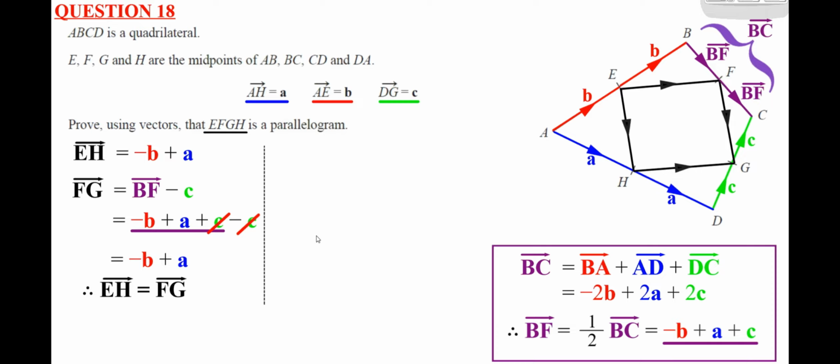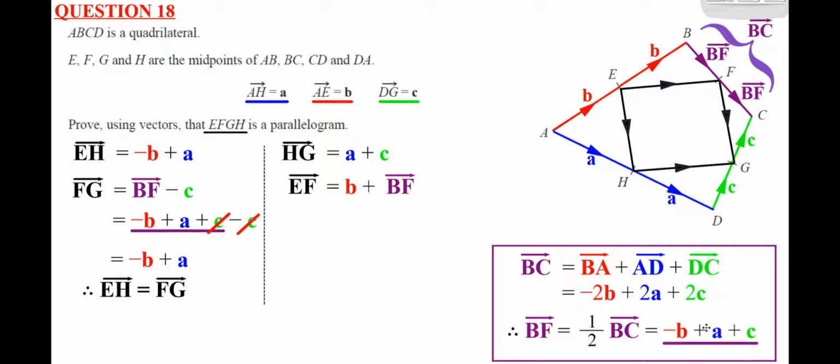So now let's think firstly about HG. From H to G is vector A plus vector C. If we see here, we can go from H to G by going first from H to D, which is A, then up to G, which is along vector C. So I go A and C. Now let's consider E to F. Well, E to F is going to be B and then plus BF, like so.